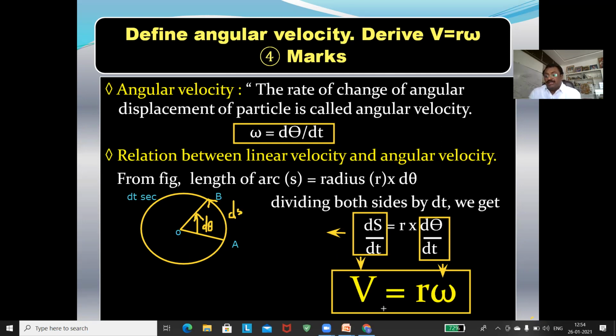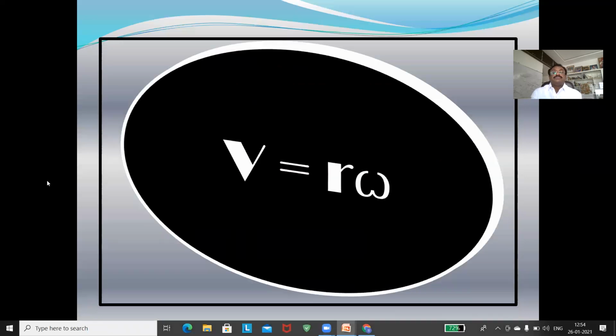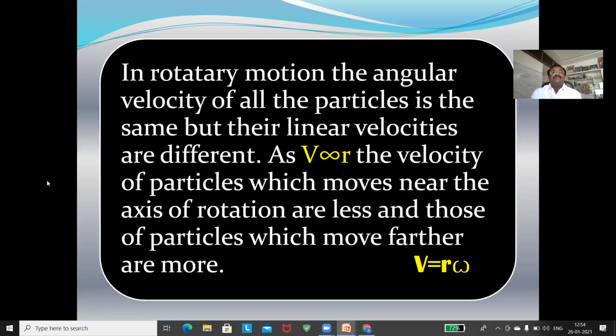The particles which are away from the axis of rotation have more linear velocity. But the angular velocity of all the particles of the rigid body is the same. V is equal to r omega. The very important derivation, don't forget.